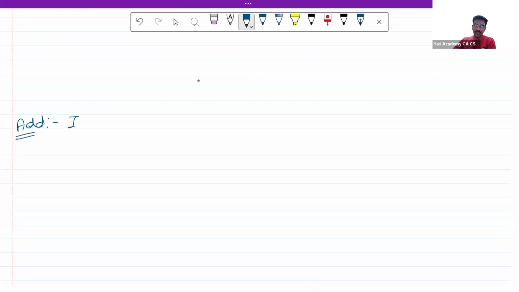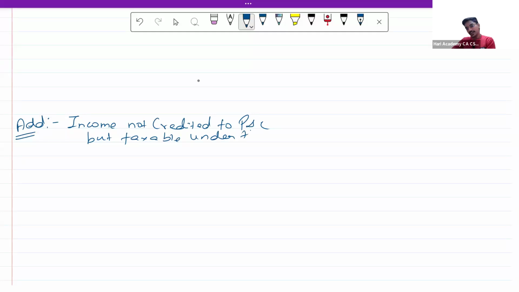Next is add: income not credited to P&L, but taxable under the head PGBP. This is going to be my second addition.